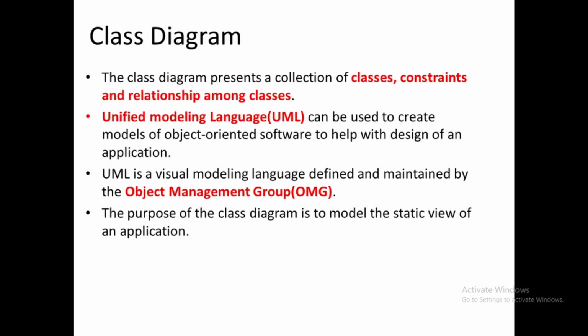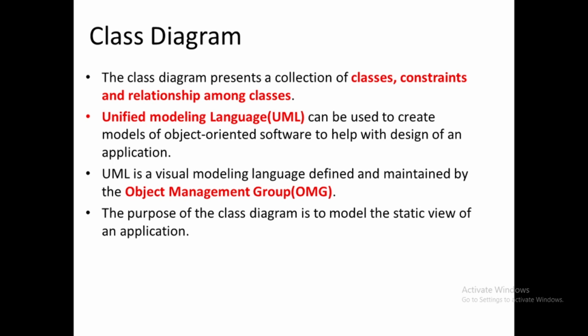Now what is a class diagram? When we are going to create software, then we need to create several classes and objects. So creating software is like a big project work. At that time we need to create several interlinked classes. So for that we can create a class diagram.